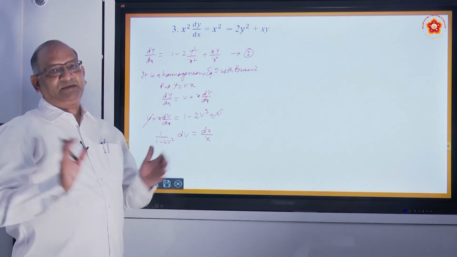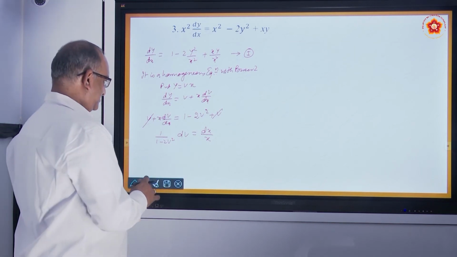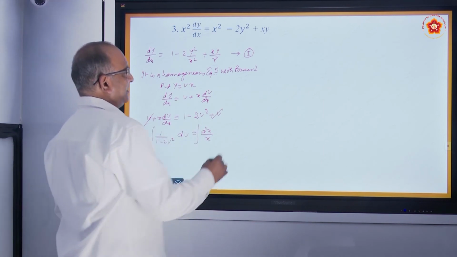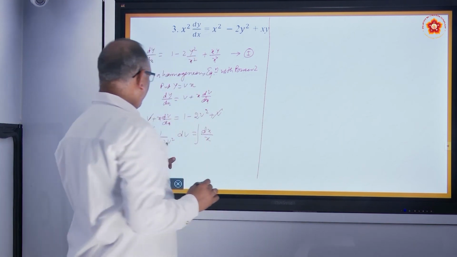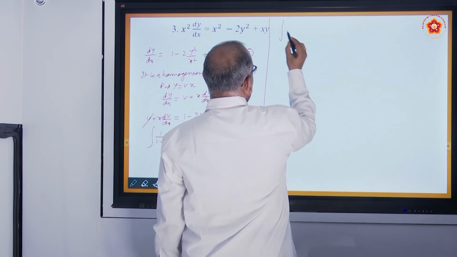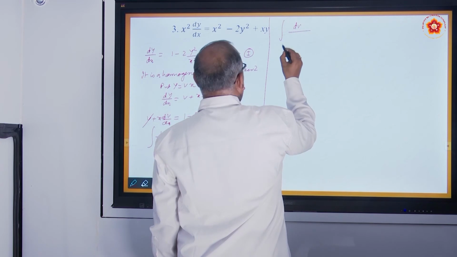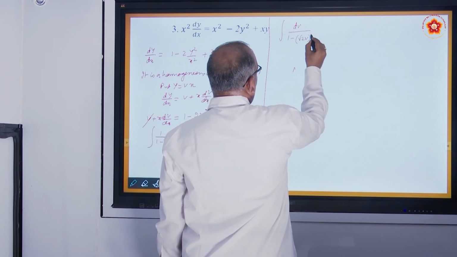Variables already got separated. You only have to think how to integrate. See the procedure which we are following to integrate. 1 minus 2 v square can be written as integration of dv upon 1 minus root 2 v whole square.